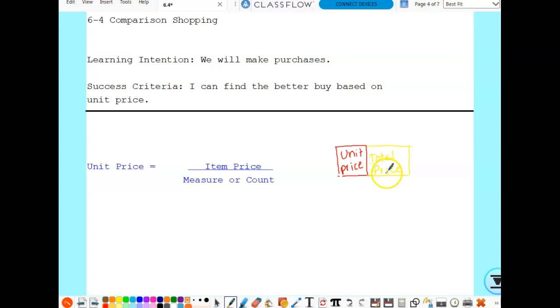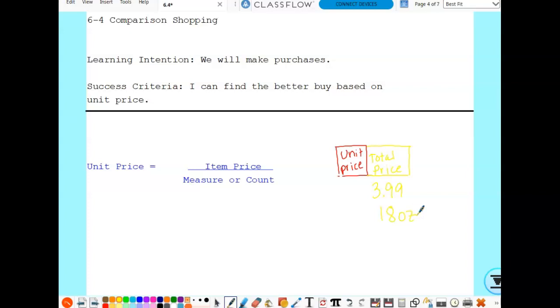Because sometimes you might be able to get something for cheaper, but you get less of it. So that means your unit price is bigger. A really good example is cereal. Let's say you're going to the store to buy Captain Crunch or Frosted Flakes. A box of Kellogg's Frosted Flakes might cost $3.99, but you only get 18 ounces.